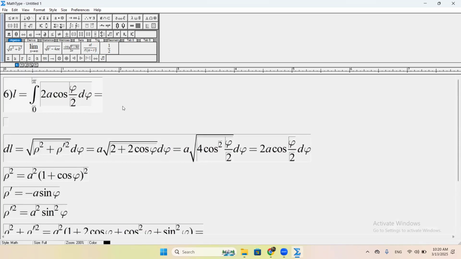So what do we have? 2a, so it will be equal to a multiplied by sine of phi over 2 with substitutions from 0 to pi.